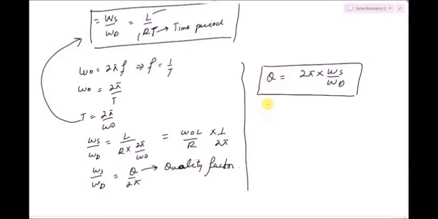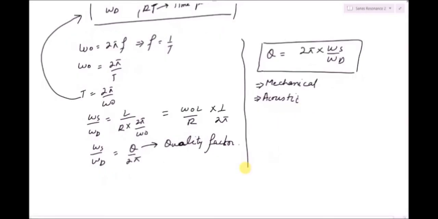So it can be used for the mechanical system or some other acoustic systems, because in all the systems we usually have the energy, and energy is either being dissipated or being stored in any of the elements of that particular system. So we have derived a generic equation for the energy stored and dissipated, and we also defined it in terms of the quality factor of that particular system.